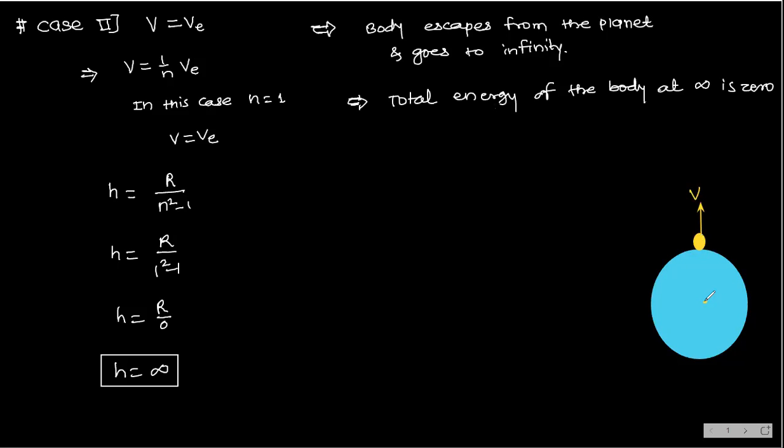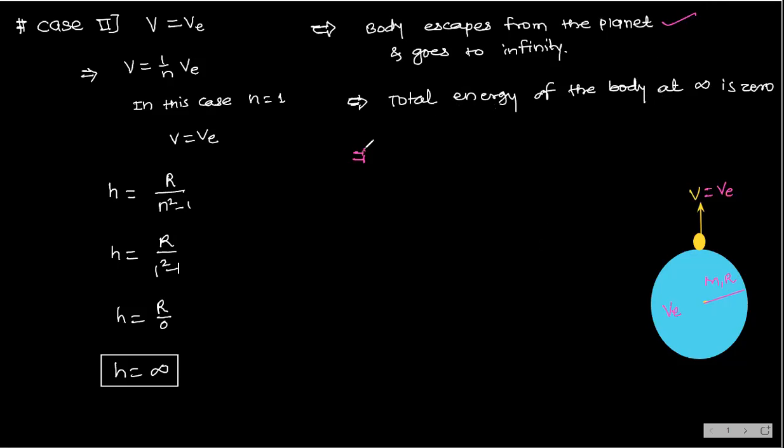As usual, radius of planet is R, mass of the planet is M, and its escape velocity is v e. So velocity of projection is equal to escape speed. Then body escapes from the planet and goes to infinity, and total energy of the body at infinity is 0.